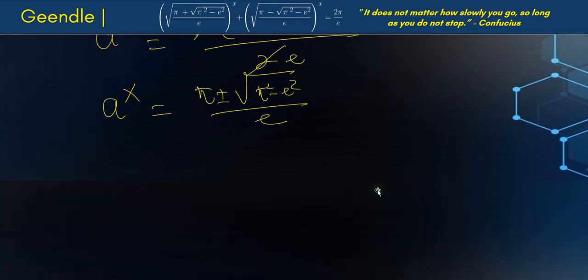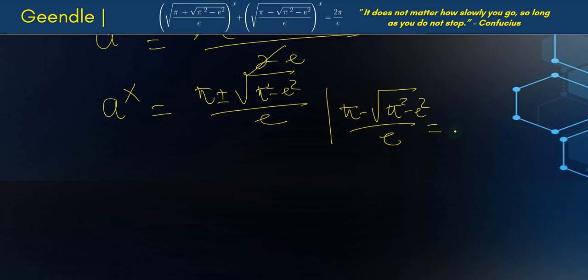And let's do something here. We already know, we have shown that pi minus the square root of pi squared minus e squared over e is equal to pi plus the square root of pi squared minus e squared over e, to the power of minus 1.